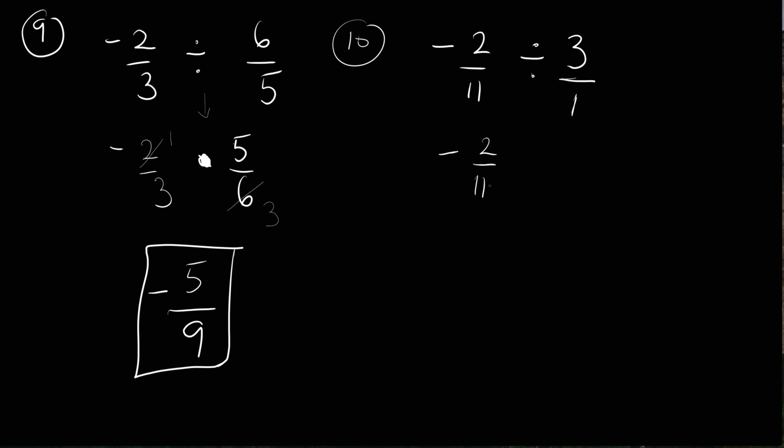So it's going to be negative 2 over 11 times the reciprocal of 3, which is going to be 1 over 3. Now, let's see if we can cancel something out. But these 2 and these 3, they don't have anything in common. Therefore, and neither the 11. So be careful. There's no 1 and 1 cancel out here. So it's just going to be negative 2 times 1, which is negative 2. And 11 times 3 should be 33. So that's your final answer.